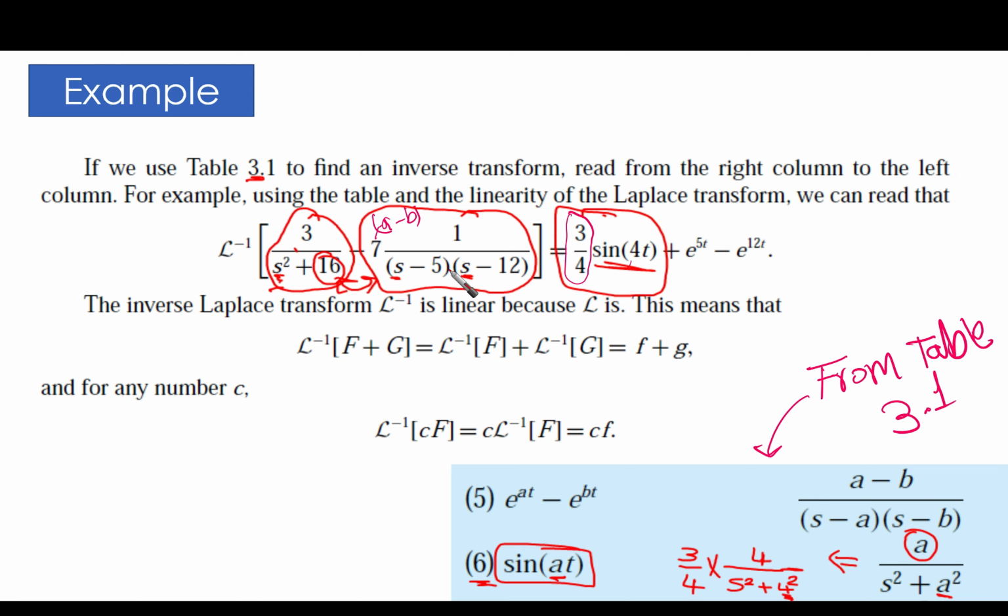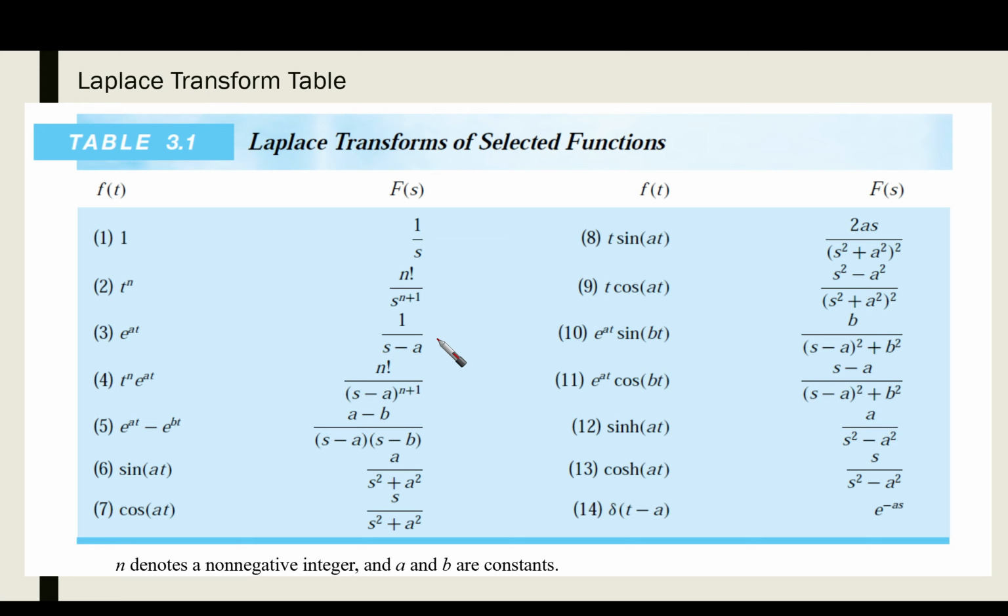Now let's go to the second term here. It seems to be complicated. Look for something in the table, reading from the right, as we said, something whose denominator is 2 terms multiplied by one another. Going to the table, reading from the right, so we read from right to left, as we said.